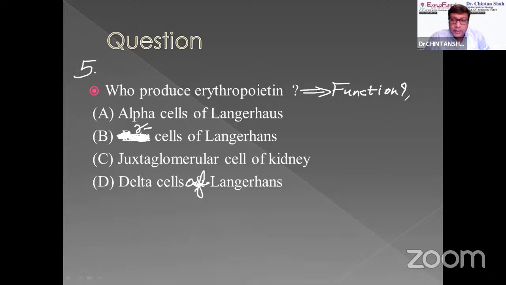Can you give me where it is given? What is the function of erythropoietin? Who produces erythropoietin? That is one answer you will decide, and I want the function also. Please go for it. Just make it as soon as possible.